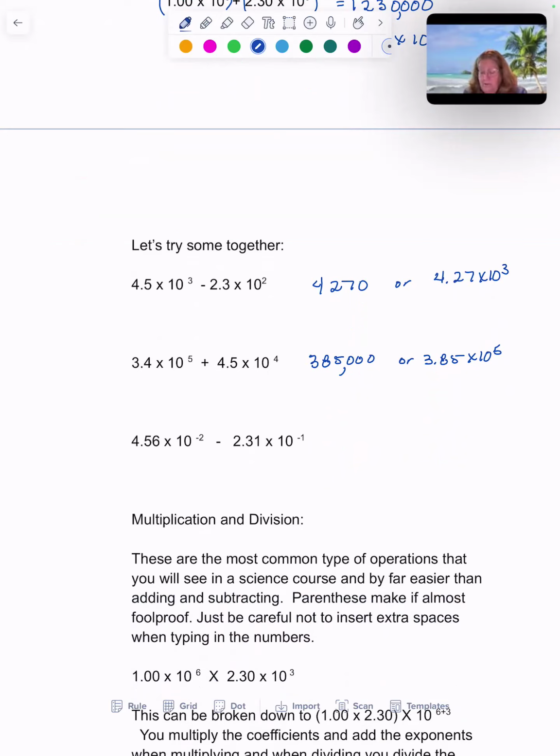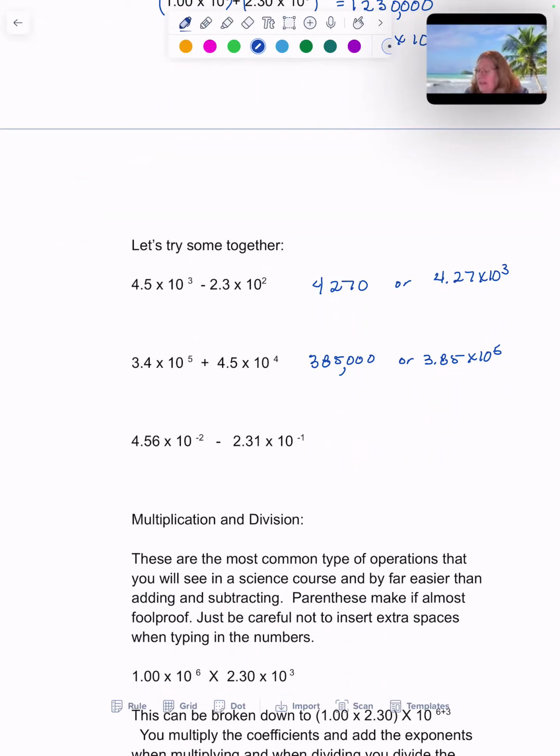Our next one, 4.26 times 10. And this one, I've got an exponent. I need a negative. So I'm going to use that change sign. For me on my calculator, the change sign is at the bottom of the number keypad. Mine's actually right below the number 3. I'm going to put in a -2, minus 2.31, -1.